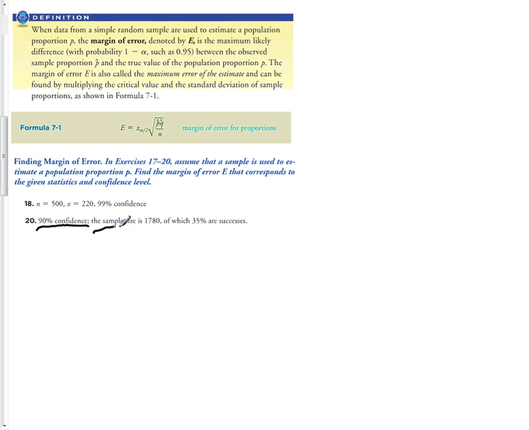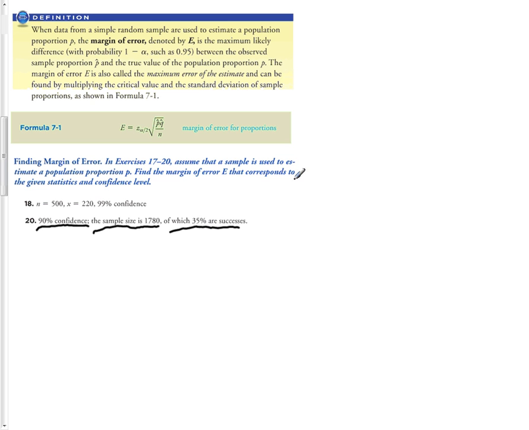The sample size n is 1,780, and it says of which 35% are successes. So 35% of these things are successful. Well, that's actually p hat. P hat is the proportion of successes in my trial, or x over n. But they're giving it to me here as a percentage, so I don't actually have to find the p hat.